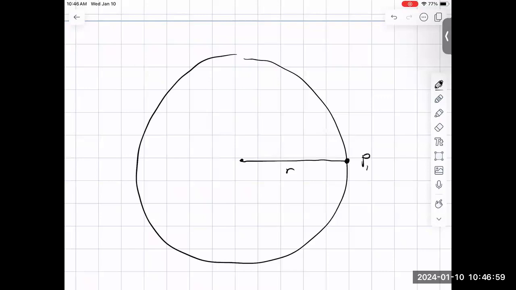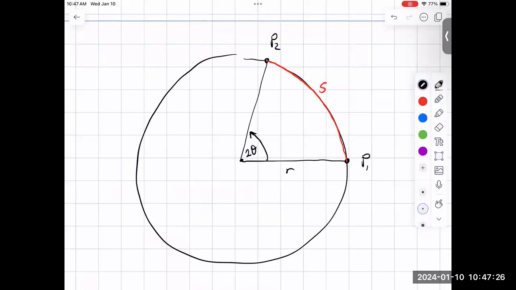And then I'm going to go to some other point, point 2. And what I want to do is compare the length of this arc, S. Let's call this arc S. And we'll call this angle theta. In fact, actually, and you'll see why in a second, I'm going to call this angle 2 times theta.